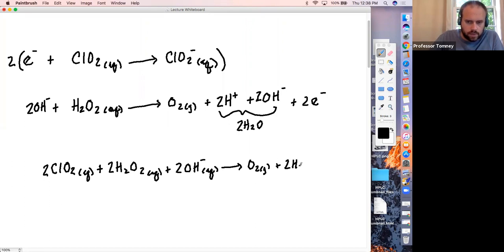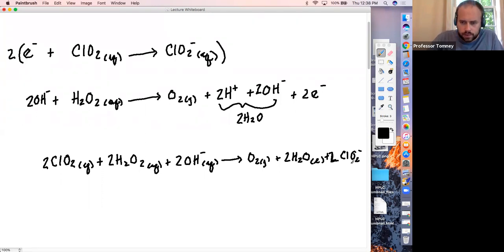Those are a result of the acid-base neutralization there. Okay. And then finally, I also will have 2 ClO2 minus, and that would be aqueous. That is the net reaction that we would have there.